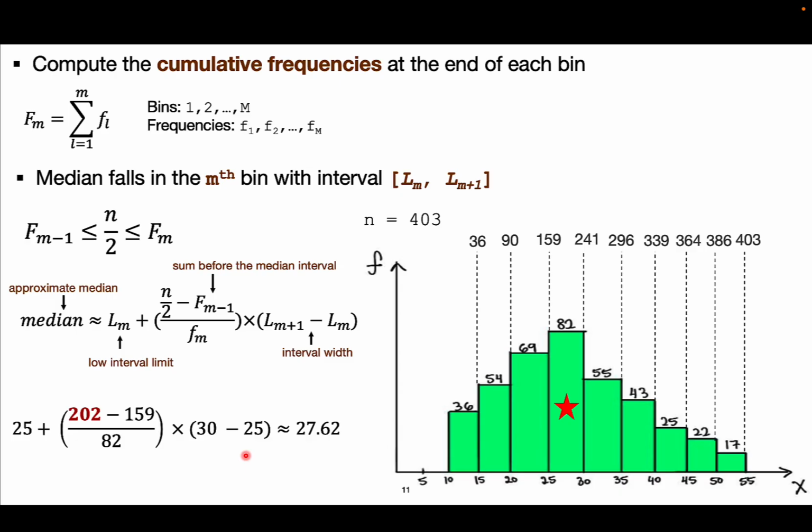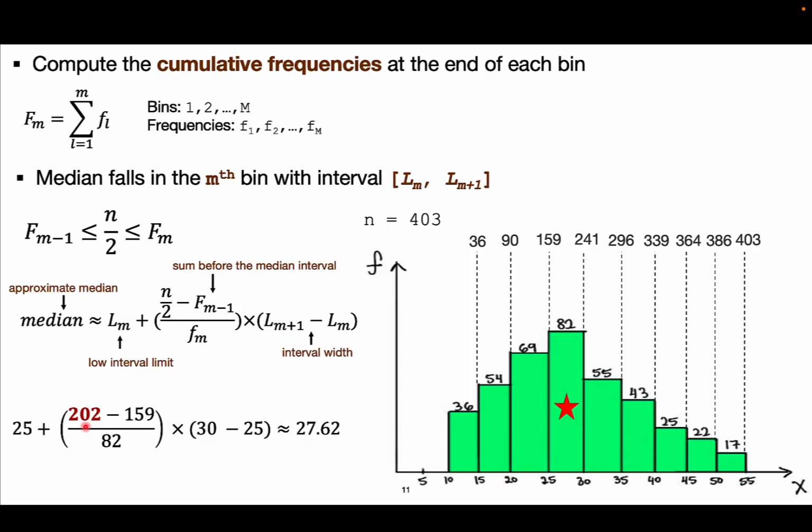If this ratio is 0, I get 25. If this ratio is 1, I get 30. And the ratio is going to tell me where inside the bin the median is located. Is it in the first 10%, 50%, 90%? And then I multiply it by the bin width.